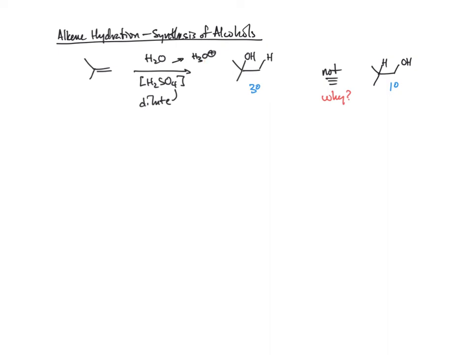Alternatively, H3O plus is an acid, this has to be a base. If this is a base abstracting a proton, you have two choices. I've numbered carbons 1 and 2.